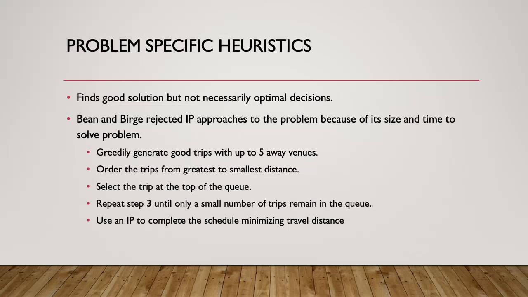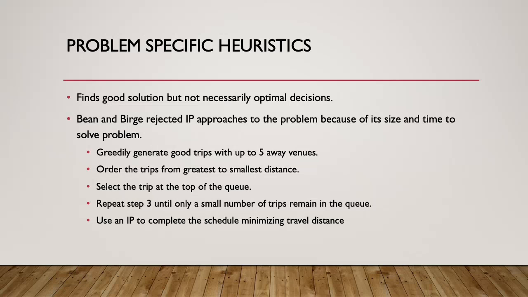Bean and Bull rejected the IP model approach to the problem because of its size and the time to solve it, and the complexity increases when a new constraint is added. It is again time consuming to reanalyze, it's going to be complex, and it's quite difficult to solve and analyze the problem. So they rejected the IP approach, and came up with this solution of steps.